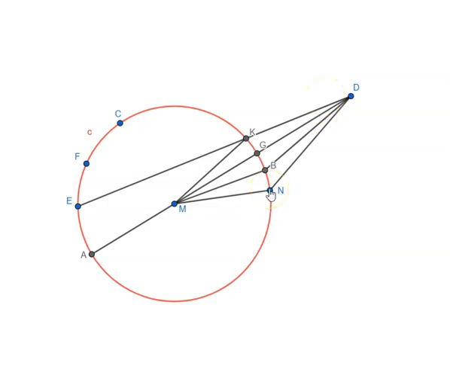So the point N is not possible. So we have proved it by contradiction. So that was proposition 8 of book 3 of Euclid's Elements.